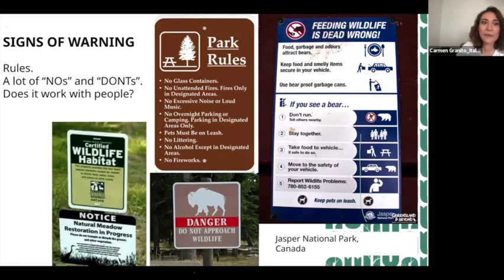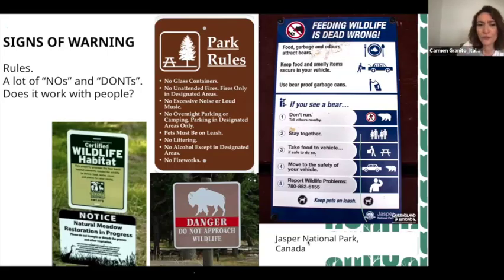And obviously they are super important because some of these things are for the safety of people, for the safety of animals, for the safety of nature, for the safety of ancient ruins. The issue is that a lot of people do not accept no's and don'ts, just listed as a list of imperatives.